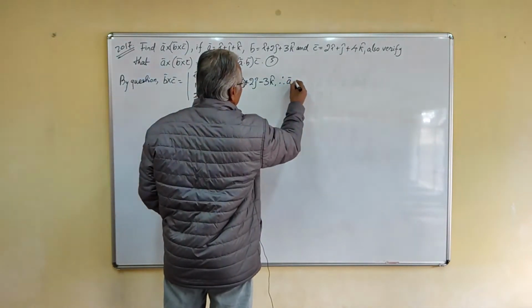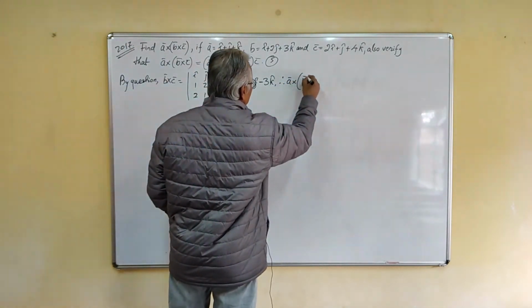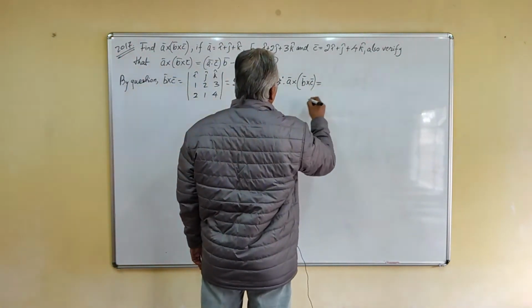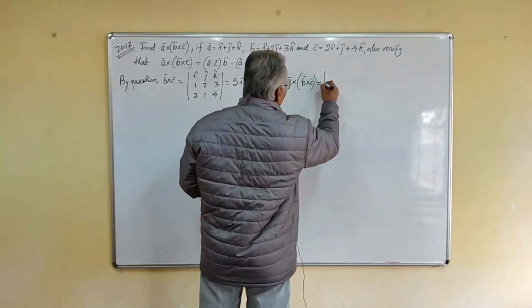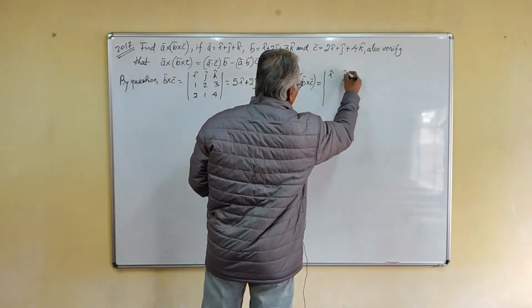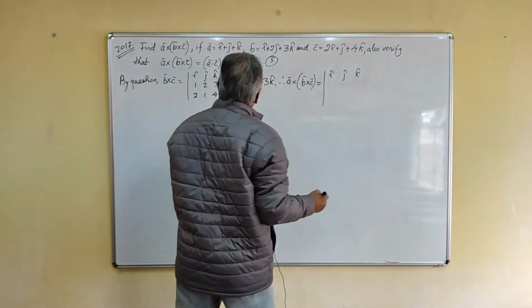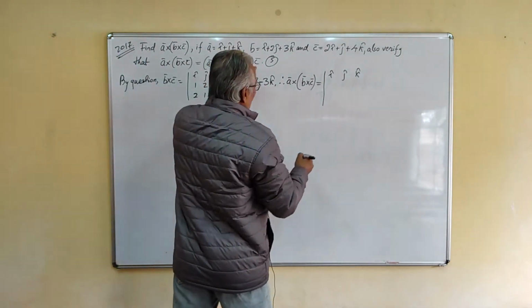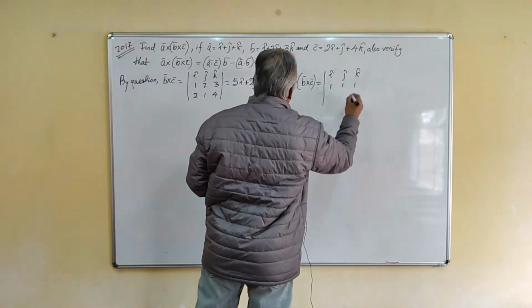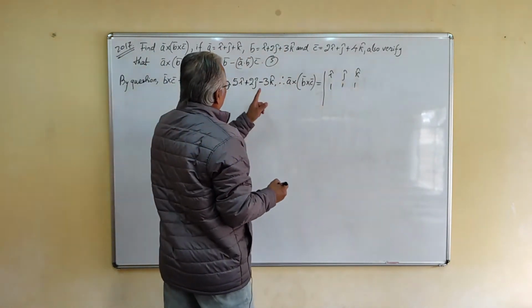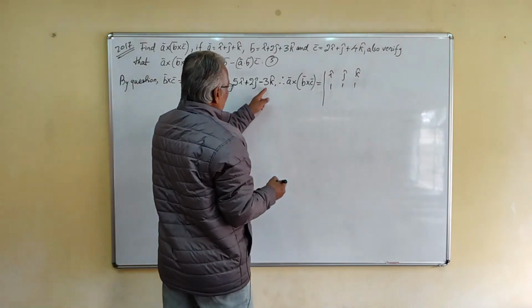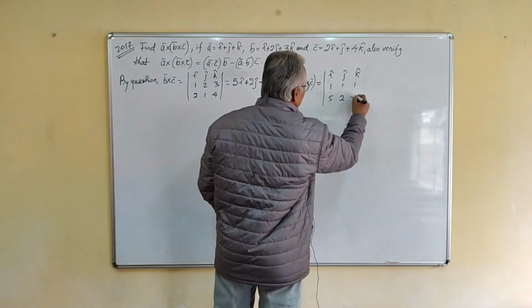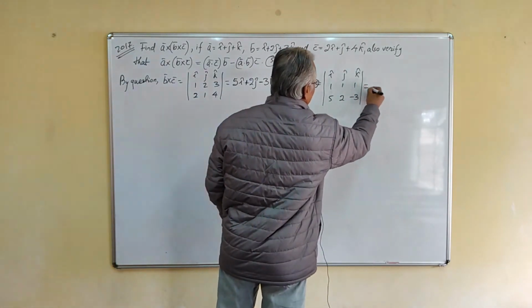Therefore, A cross (B cross C) will be what? Well, as usual, I, J, K will occupy the first row. And then A: 1, 1, 1. B cross C is 5, 2, minus 3.